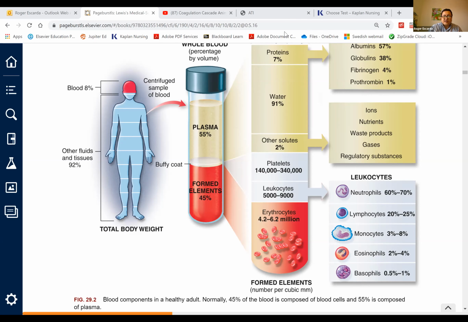Any questions so far? Professor, you said which two white blood cells mean you have a viral infection? Lymphocytes and monocytes. Viral, yeah, it's lymphocytes. Okay. And monocytes?